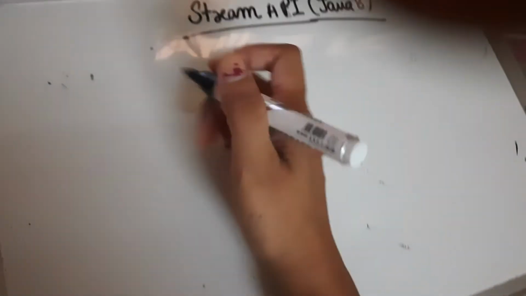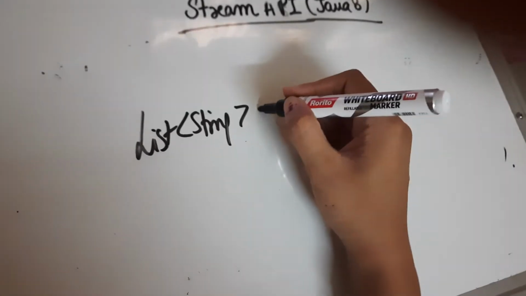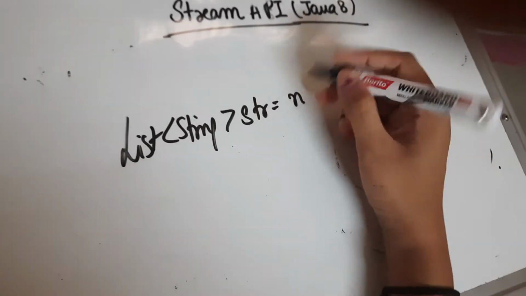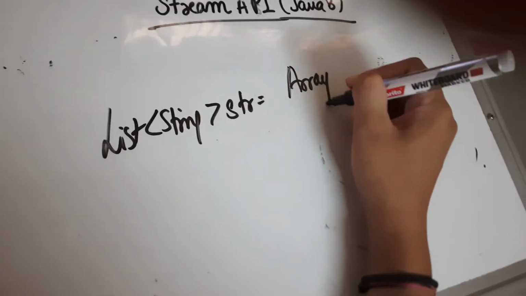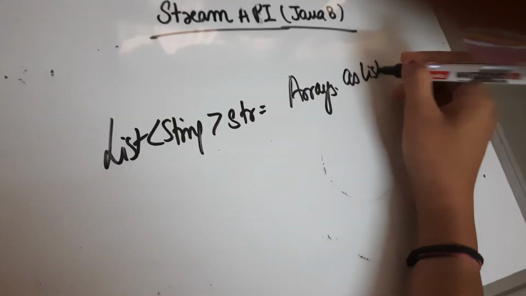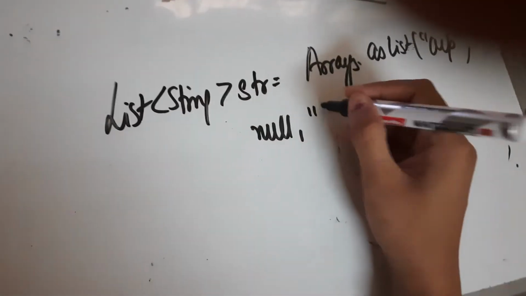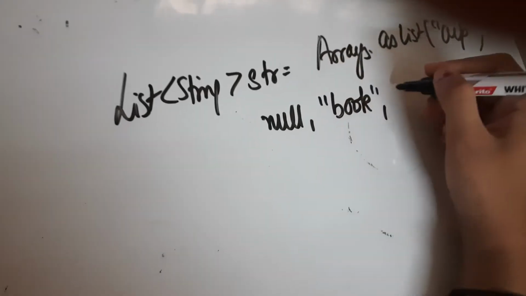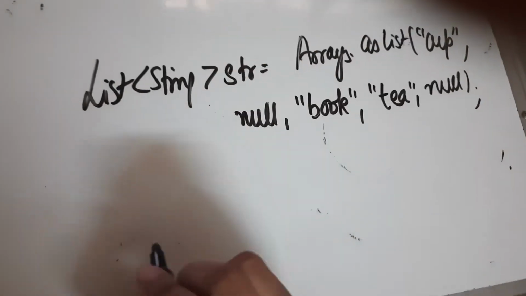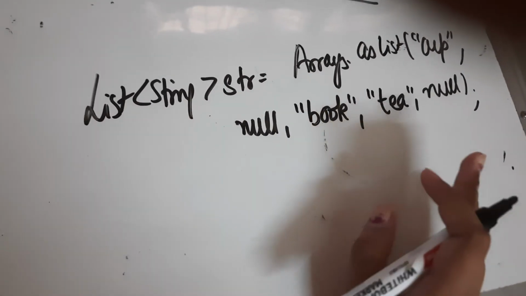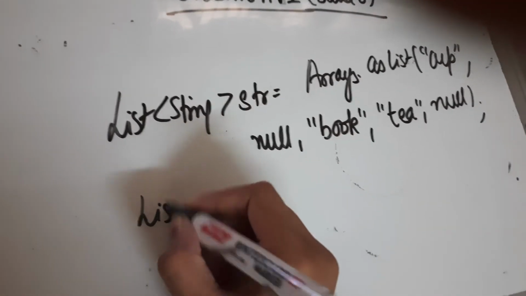Another basic example would be if I have a list of strings. Now I have to remove these nulls and only print cup, book and tea. How will I do that?